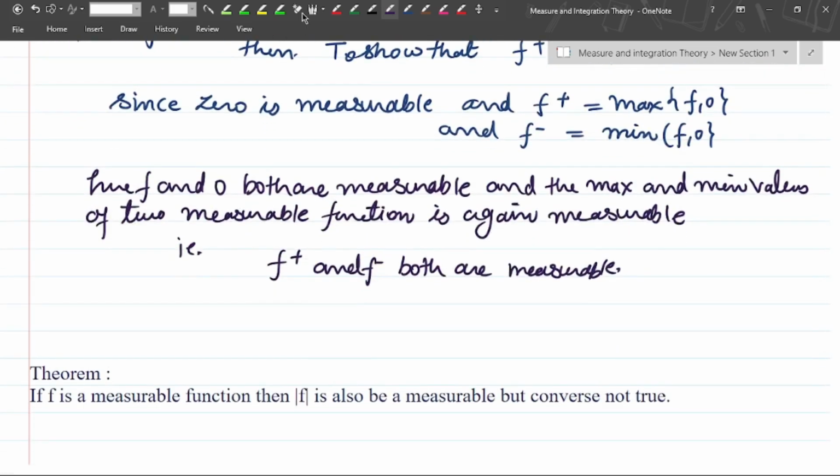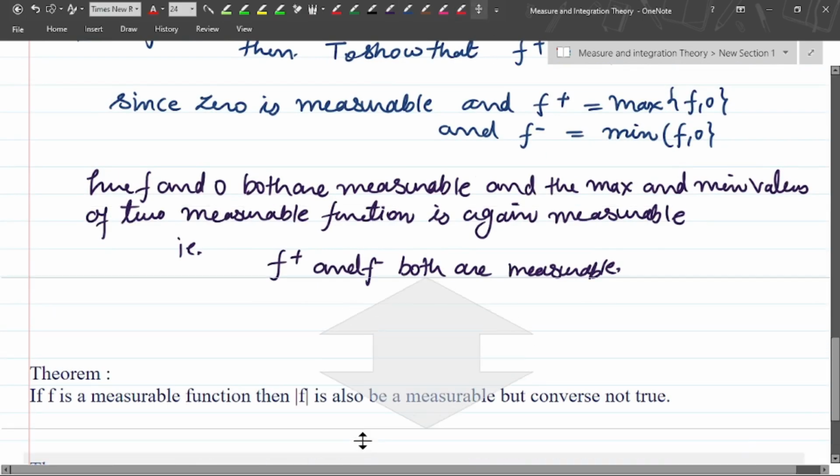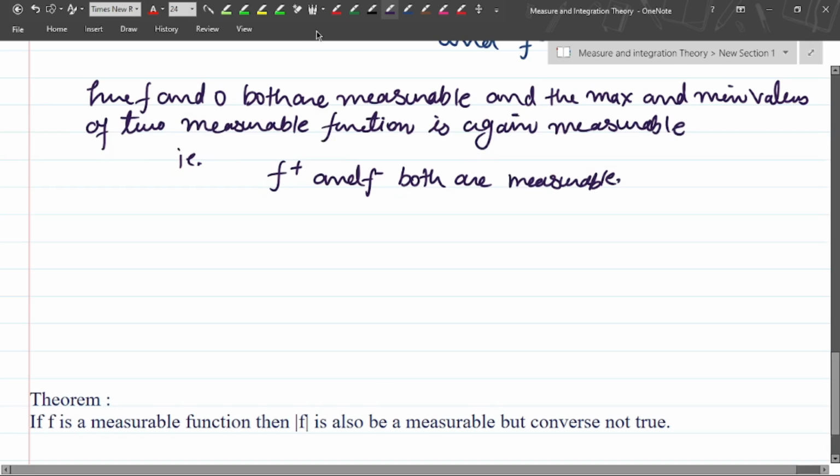Next, conversely, if f plus and f minus both are measurable, then f is measurable.